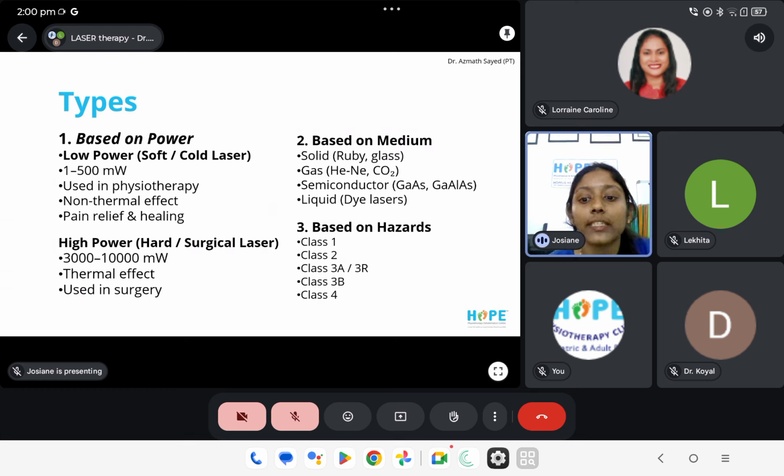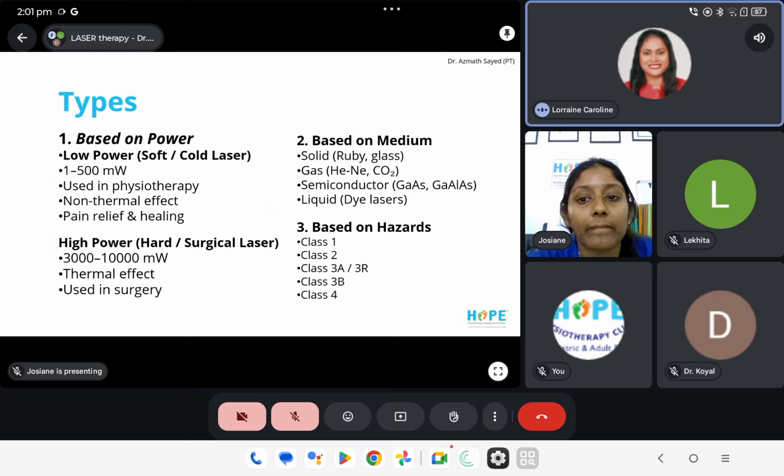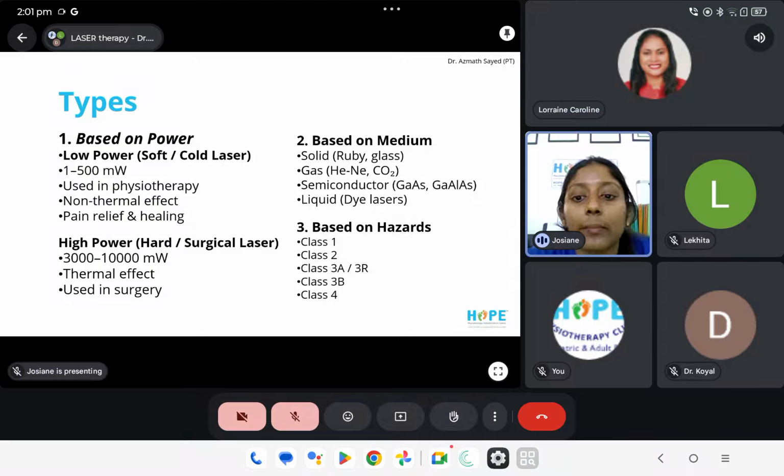Normally we use class 3B in treatment, and the higher the class, the better the efficacy in treatment. Normally we use the semiconductor type of laser, gallium arsenide, but recently people are also using class 3 and class 4 lasers.